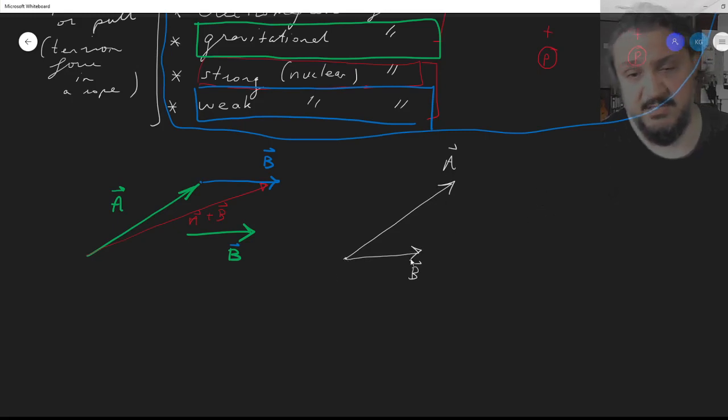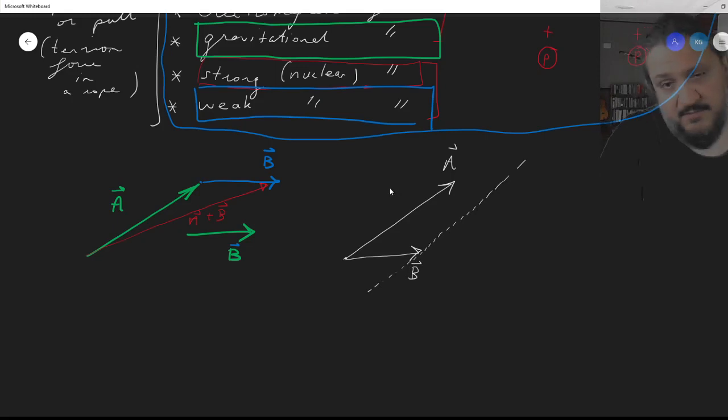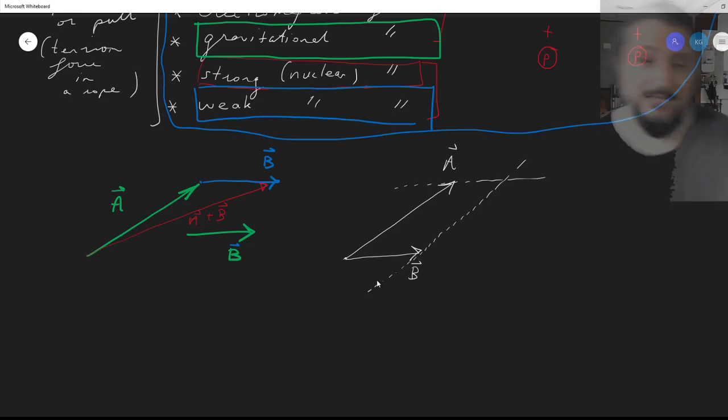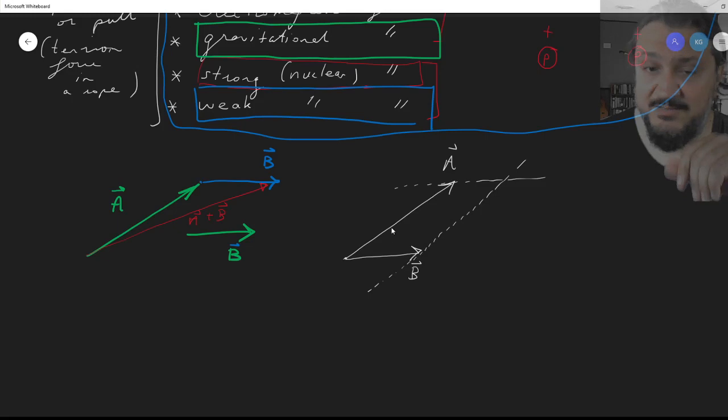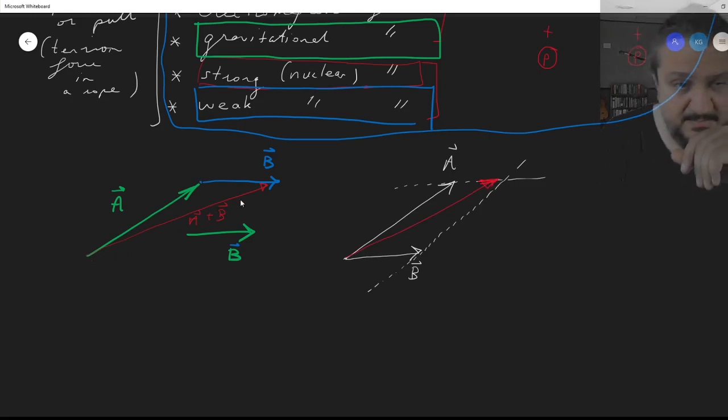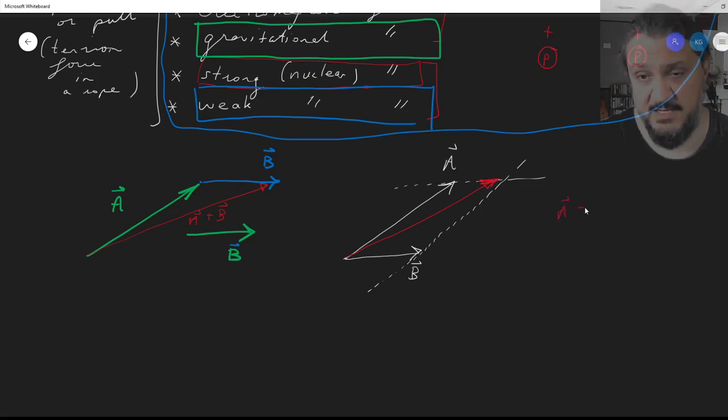Then you draw parallel lines to A and B. These two lines are parallel to A and B. A parallelogram, that's what this four-cornered object is called. Then you go in the diagonal direction, like this. This arrow is the same as this one, so they're both A plus B. And as I said, A plus B is equal to B plus A.